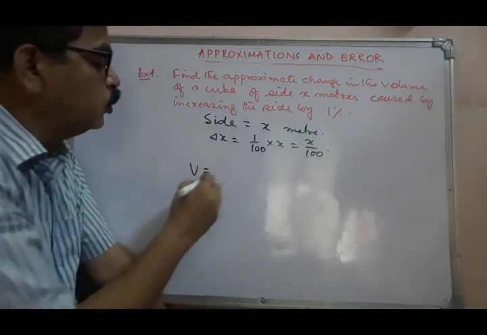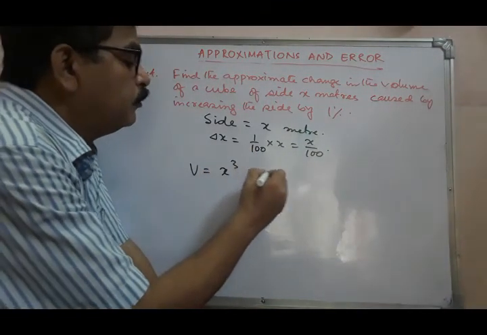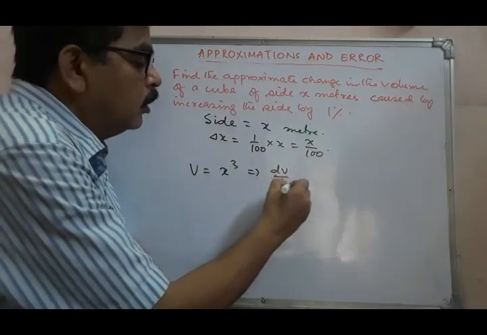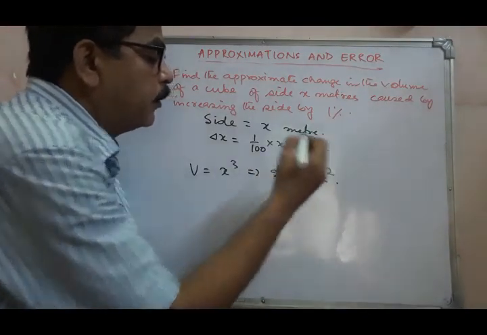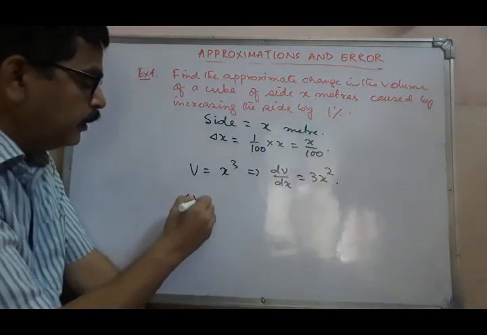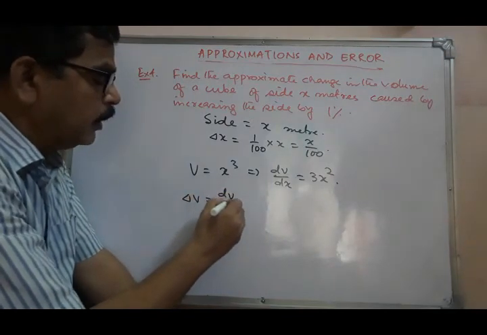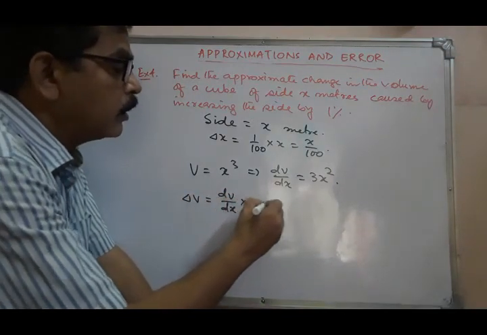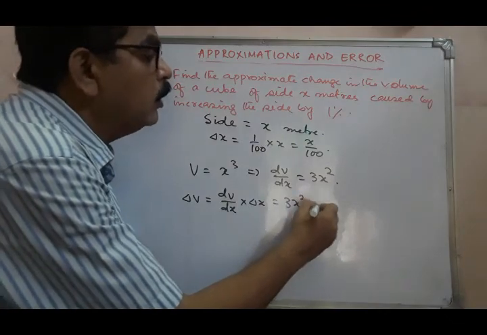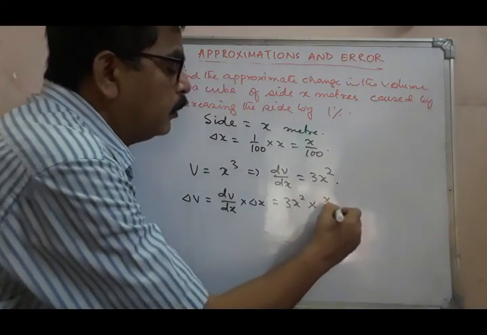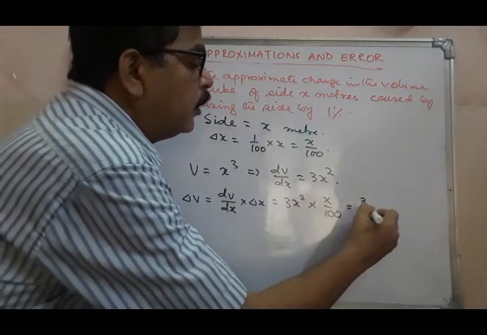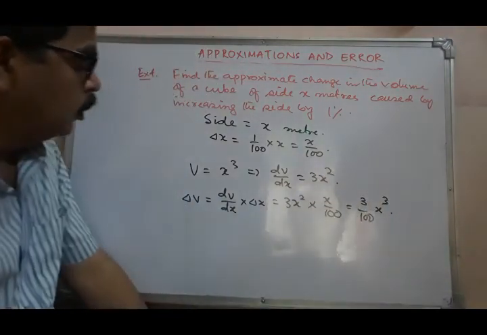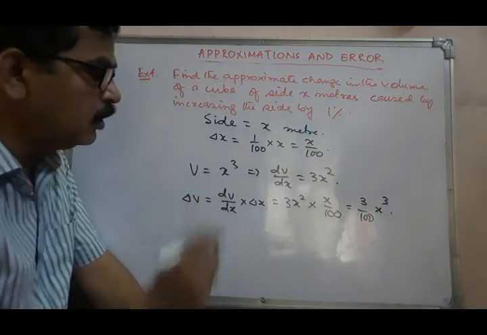Volume V equal to x cube, therefore dV by dx equal to 3x square. We have delta V equal to dV by dx into delta x, which is 3x square into x by 100, that is 3 by 100 x cube. So that is the approximate change in the volume.